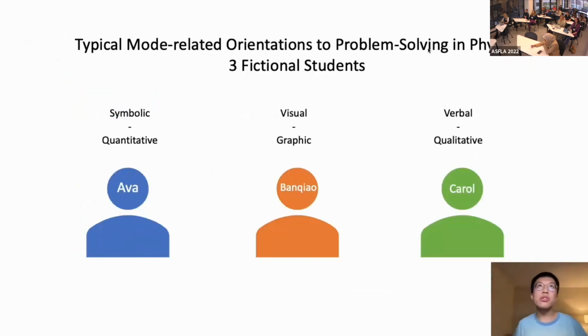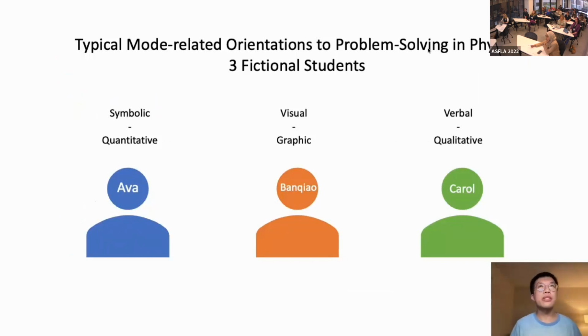In our approach, as we have talked about before, we will use scripts as one kind of material for students' analysis, both from the physics side and the linguistics side. In the script, we imagined and created 3 characters, Ava, Banqiao, and Carol.